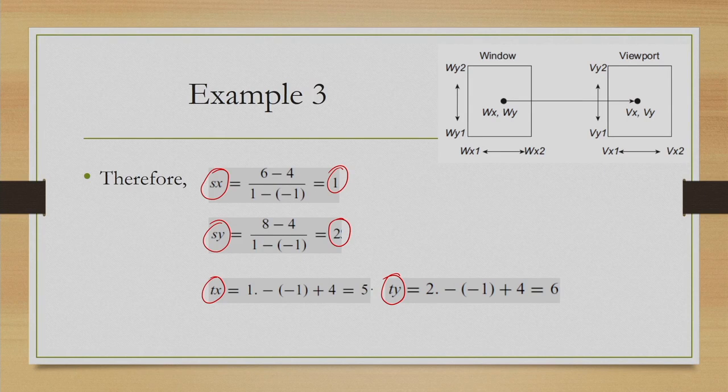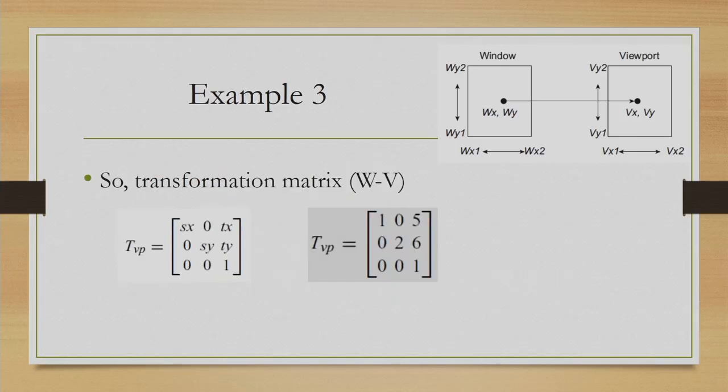Sx is 1, Sy is 2, Tx is 5 and Ty is 6. The transformation matrix can be obtained by replacing the Sx, Sy, Tx, Ty values in the original transformation matrix, which gives us this matrix. So, this will be our window to viewport transformation matrix.